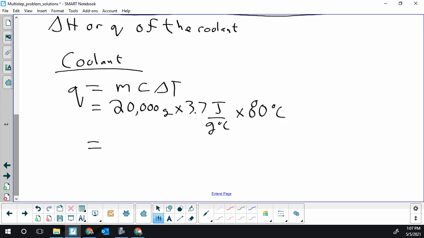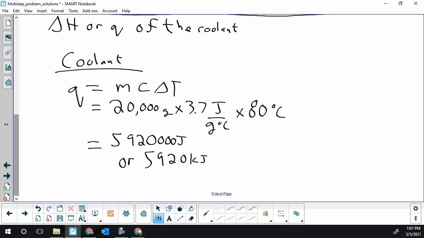So that gives us the amount of energy or heat that went into our coolant. First, I'm going to write this in joules. Or I'm going to convert this to kilojoules, and it's 5,920 kilojoules when I divide my joules by 1,000.